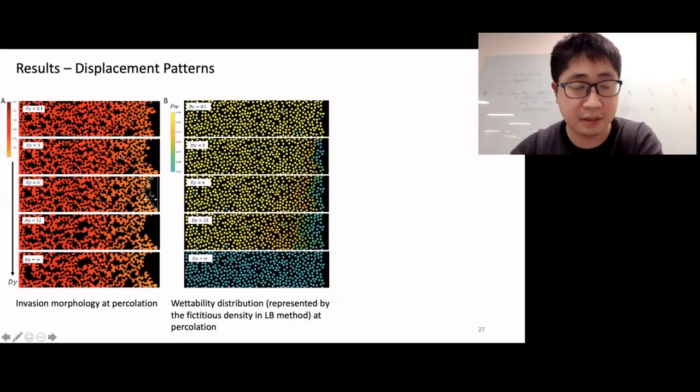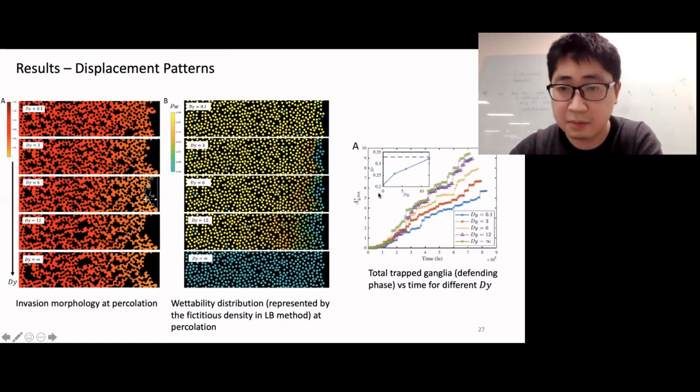Then here are the simulation results. Again, if we look at the total trapped defending phase, we can see that the effect of wetting transition is quite obvious in this figure. You see that for greater phi value, which means slow transition, more trapping of defending phase can be observed.